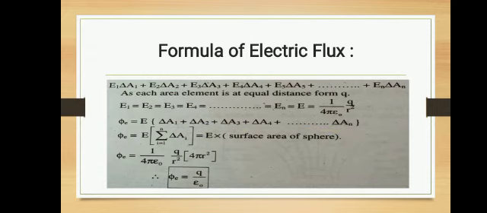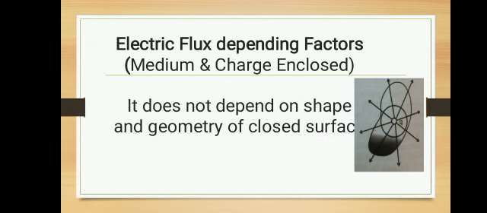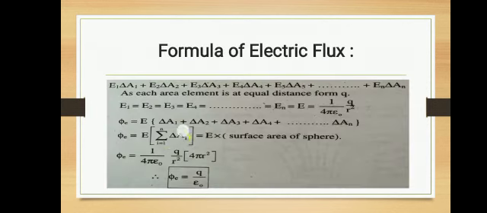So phi E is equal to electric field intensity E multiplied by the surface area of the sphere. This shows the surface area of the complete sphere, right? In place of E, write its value. E is equal to 1 over 4 pi epsilon naught Q over R square. And the surface area of a sphere, its calculated formula is 4 pi R square.